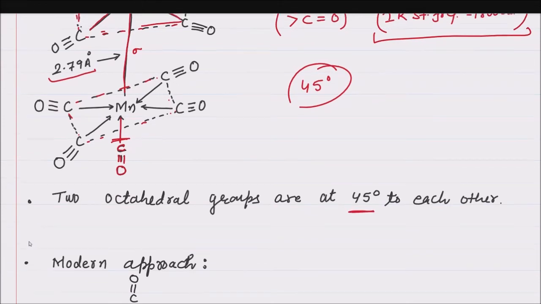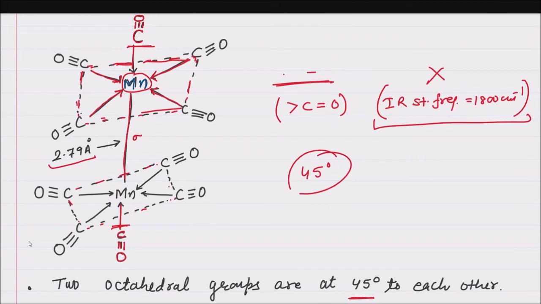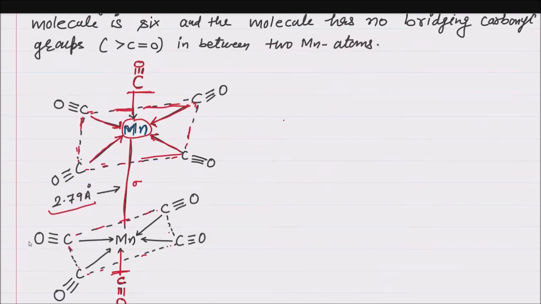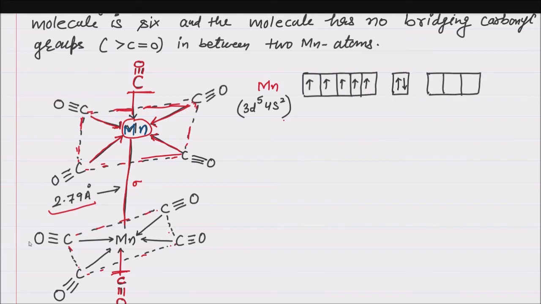Now, according to this concept, if we write its valence bond theory, free manganese is 3d5 4s2 and 4p0. So it is like this, 3d5 4s2 and 4p0. This is for free manganese.